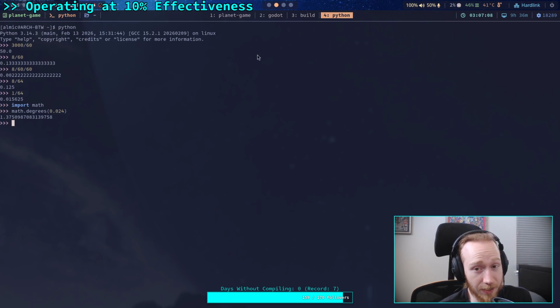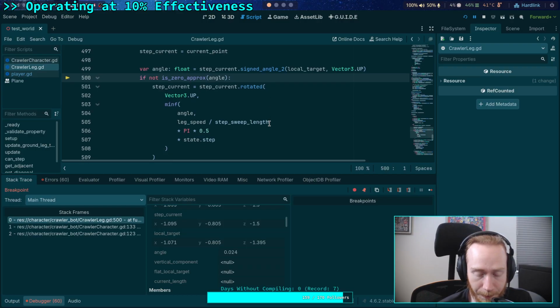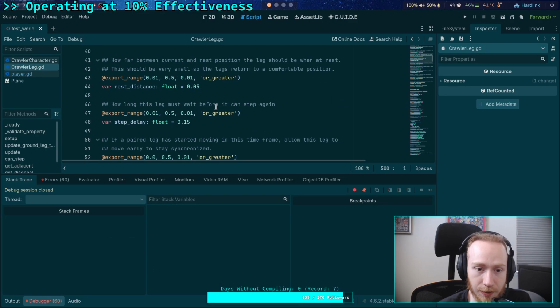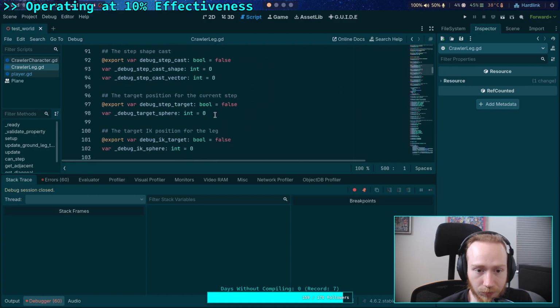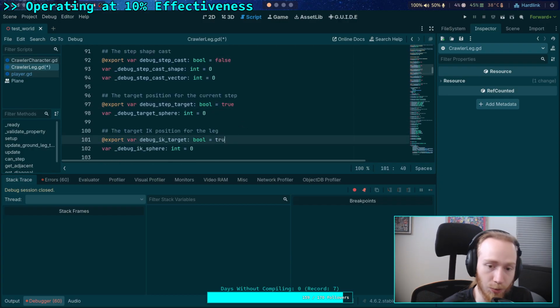Okay, so we're taking a step at 1 degree. Sure. I mean, that's fine. I think essentially what's happened is, yeah, I'll turn on the debug so I can actually look at this and really see it. I'll debug the step targets. I'll show all of this.